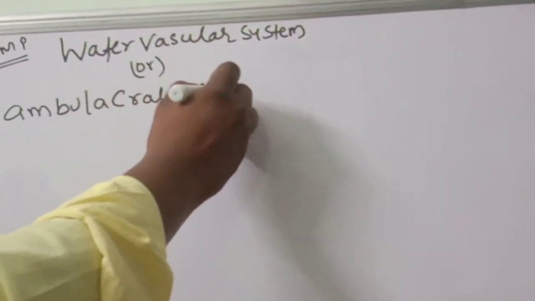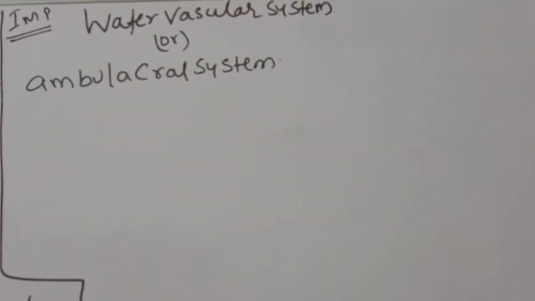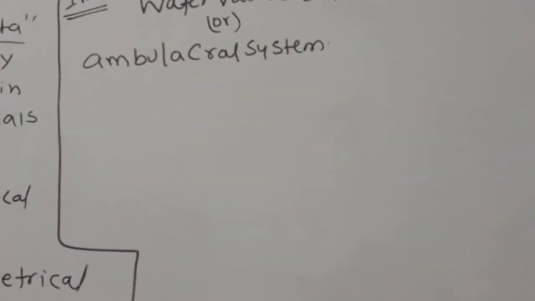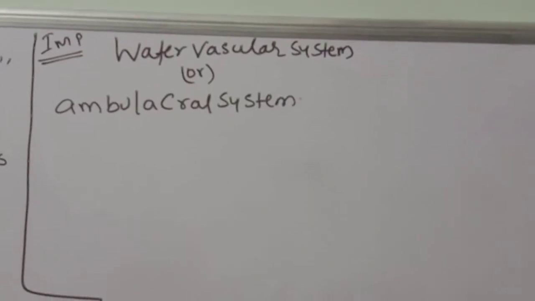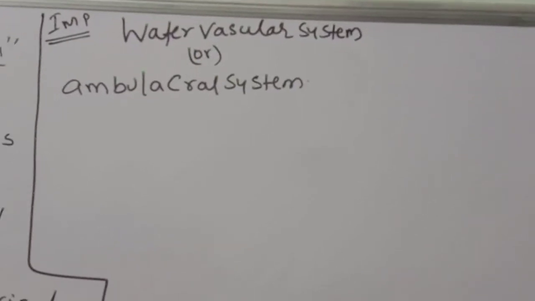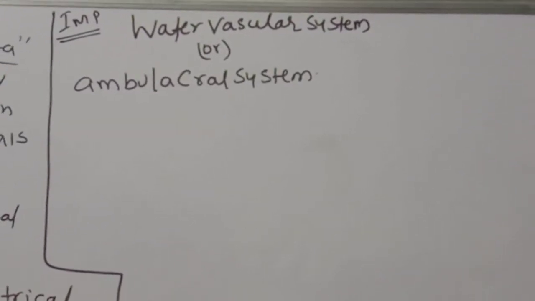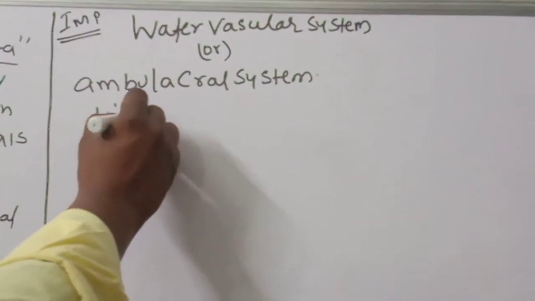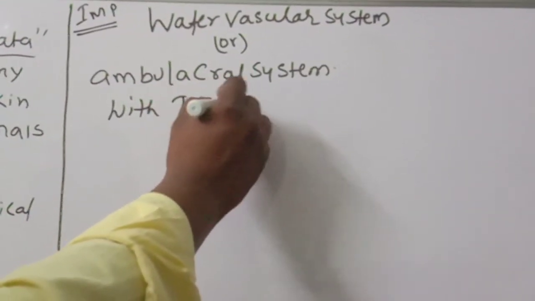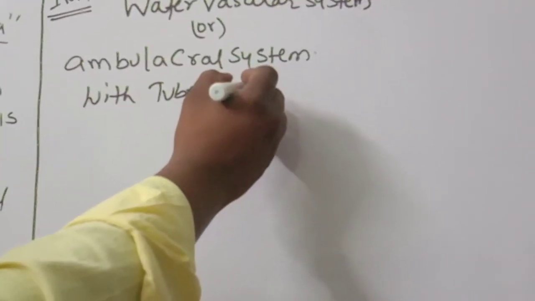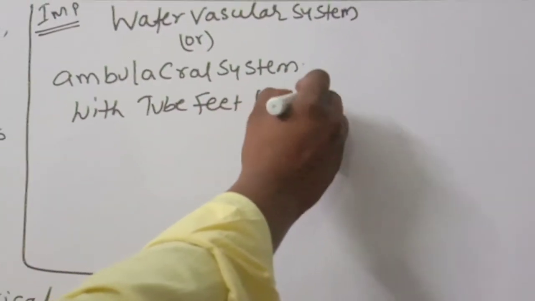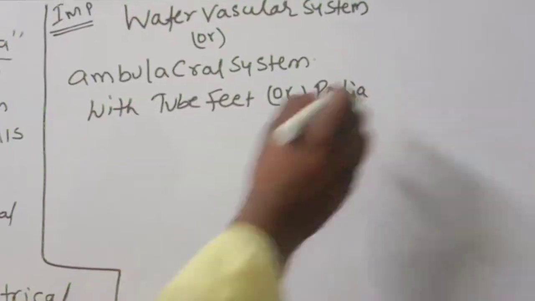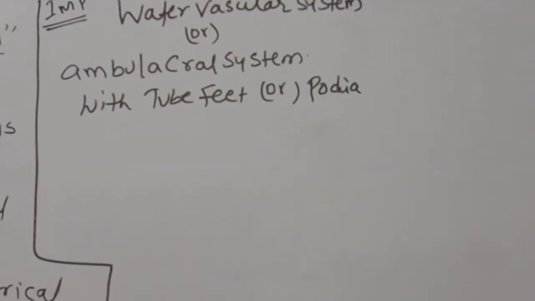The most important, special system in the echinoderm is the water vascular system or ambulacral system, with tube feet or podia. This is a very important special character of echinoderms.